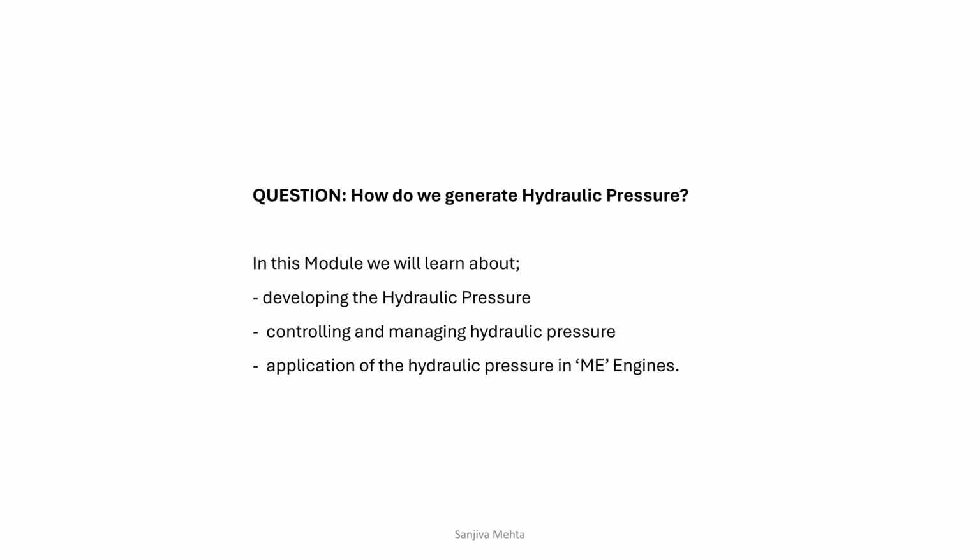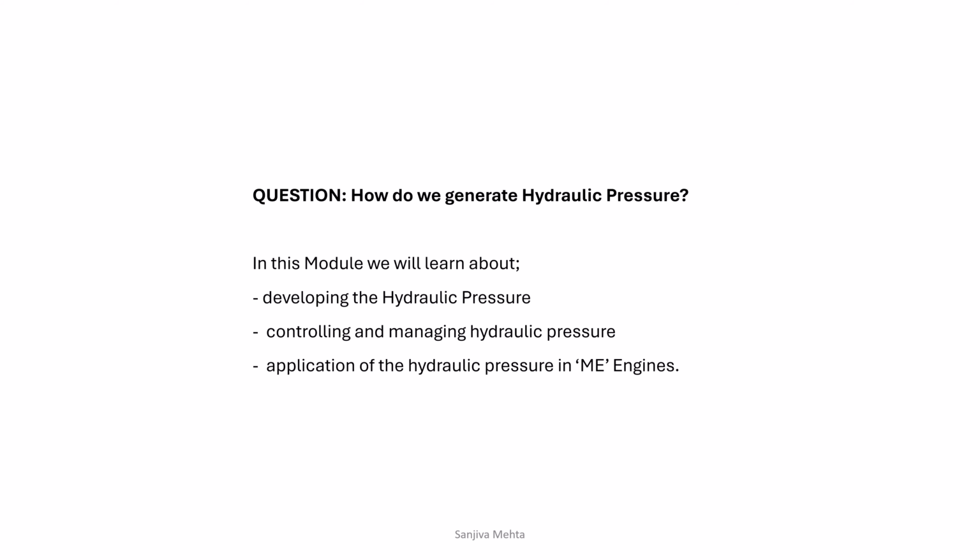Because I told you, the pumps we are using are variable delivery piston pumps, so delivery can be varied. That variable delivery phenomenon is used to control the hydraulic pump accordingly. We will also learn the application of hydraulic pressure in the ME engine, how this hydraulic oil is utilized.